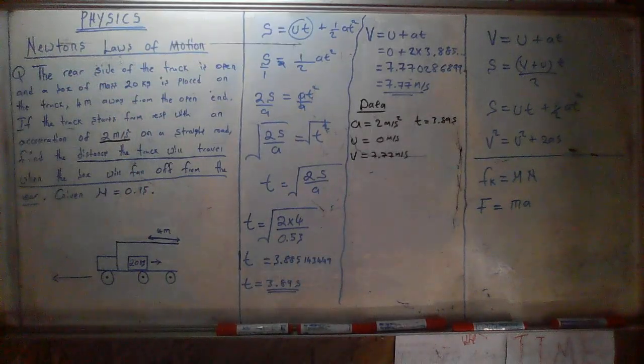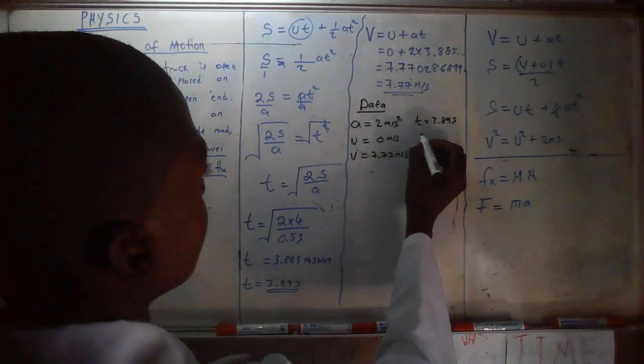What else do we have? I think this is all we have. So which formula has the acceleration, initial velocity, final velocity, the time, and the distance which we want to find?